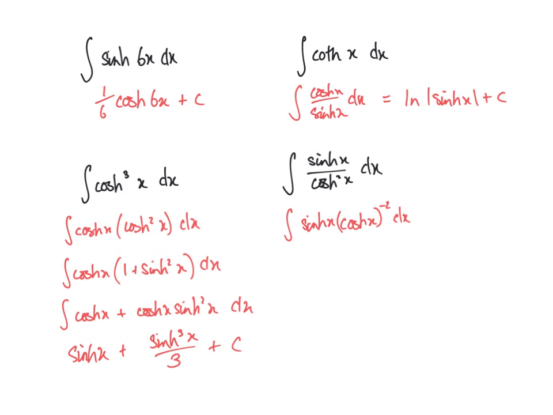And so I know that that's going to end up of the form of cos x to 1 greater power. And then we're going to divide through by that power, so it's going to be minus cos x to the power of -1 plus c. Now, cos x to -1 is 1 over cos x, which is sec x, so you can also write that as minus sec x plus c.